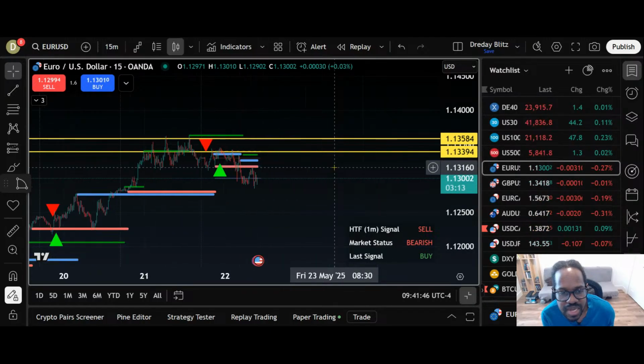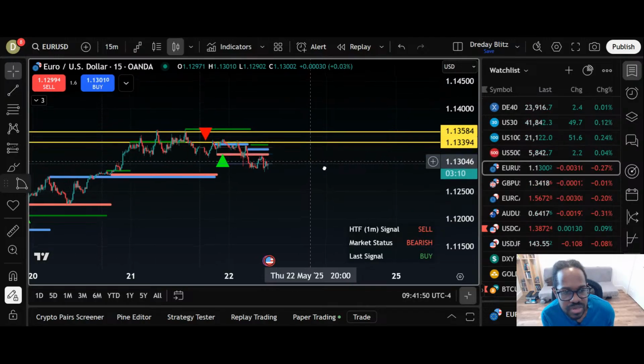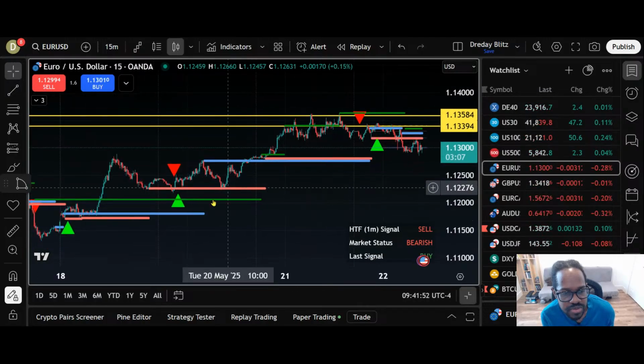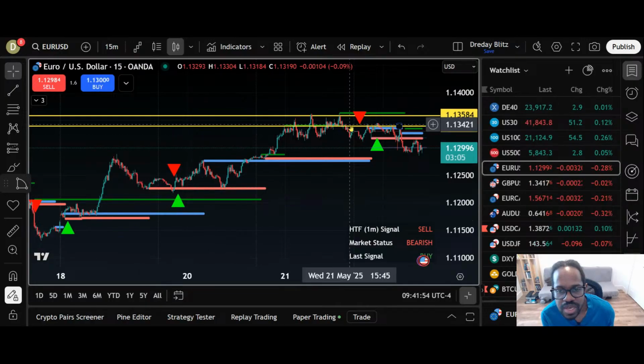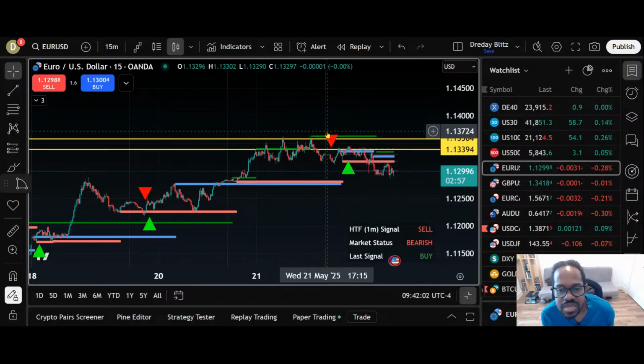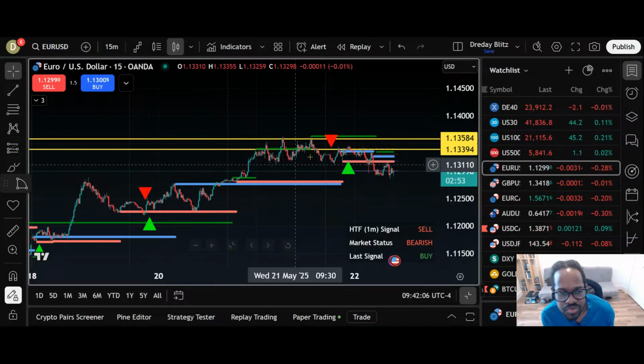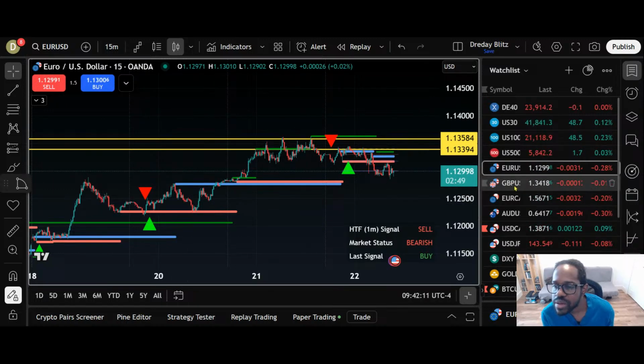We didn't have a sell yet on EURUSD, sorry. But the move was done between basically Monday until Wednesday. So that was the actual move. So it was congruent with the DXY.